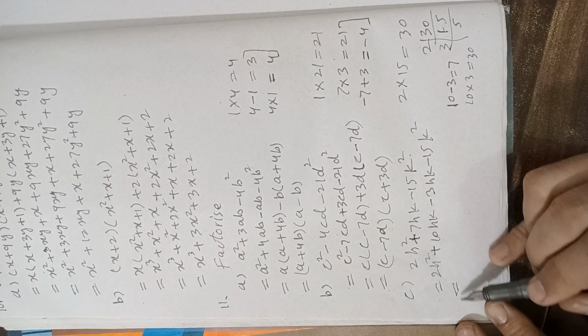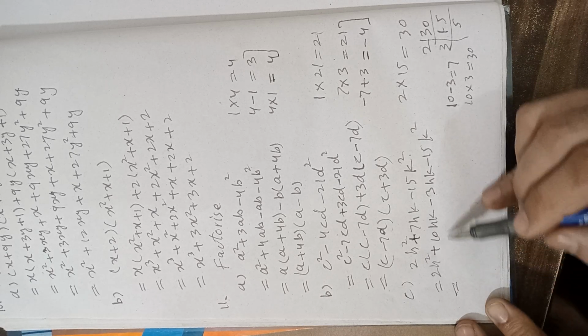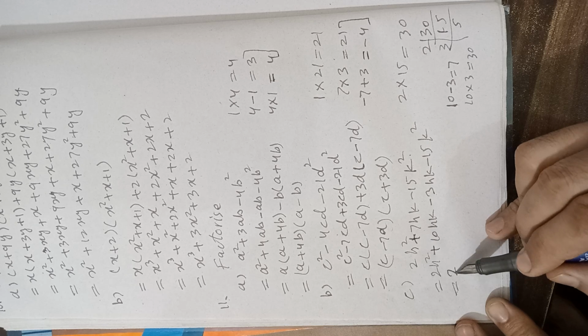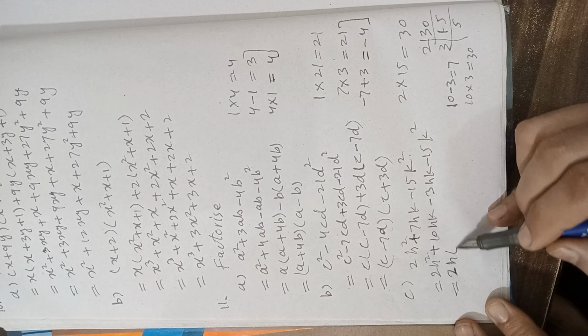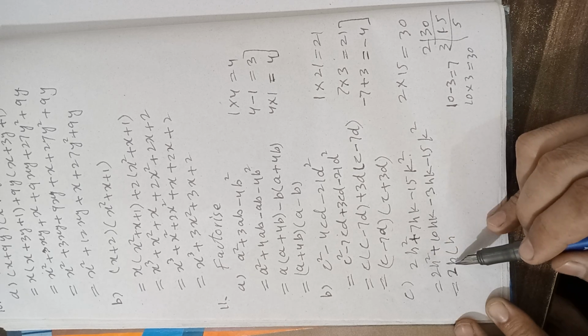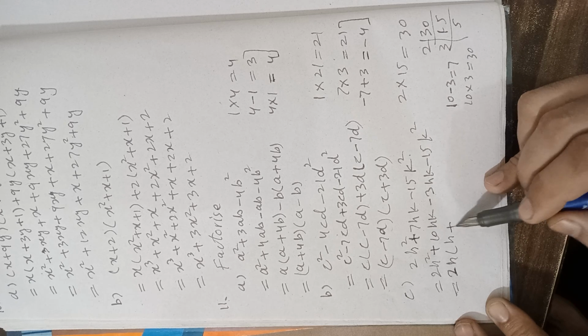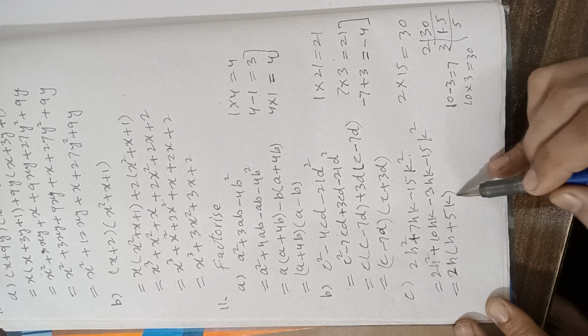Now you can take common from these two. 2 is common from 2 and 10, so take 2 as common. Then h is also common here, so write h. There are h square and 1 h is here, 1 here. Then 10 divided by 2, answer is 5. 5k here.